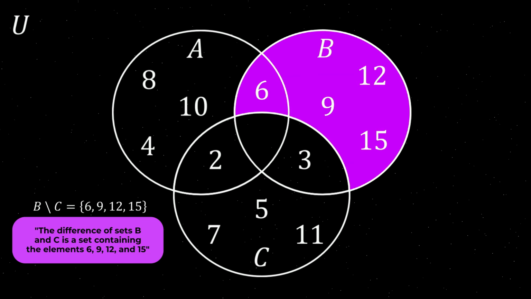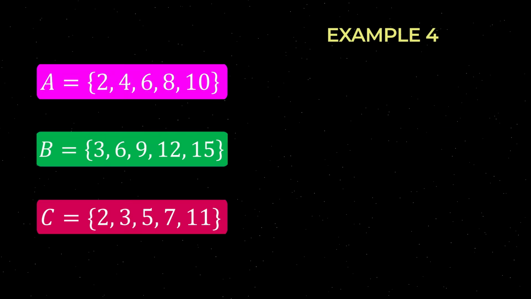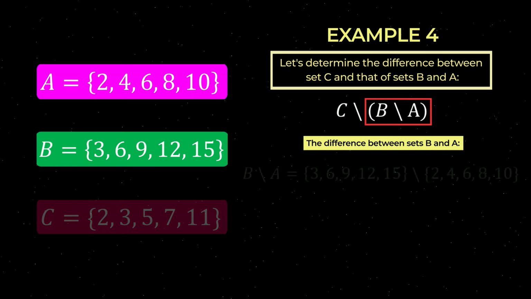Excellent. Let's return to our sample sets to go through a fourth example. In this fourth example, let's determine the difference between set C and that of sets B and A as shown here. We begin by performing the operation in the round brackets, which is the difference between sets B and A as indicated here.